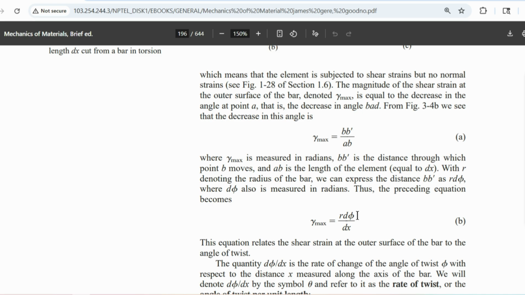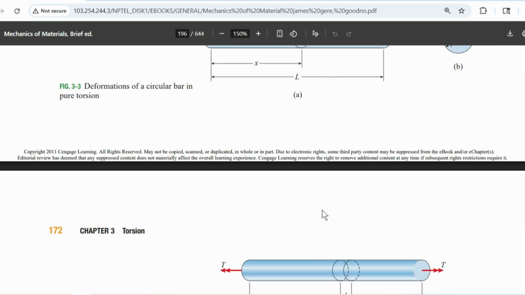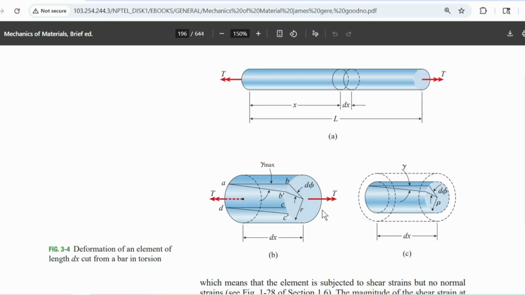Does rate of change mean time is your independent variable? But this independent variable is changing your distance. So you have the change in the angle when you move along the bar, multiplied by the radius, is equal to the max angle that's forming at that location.